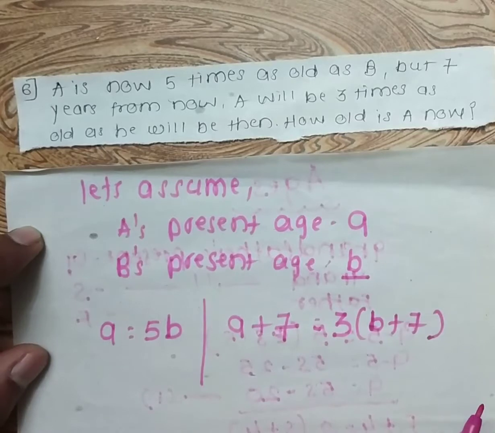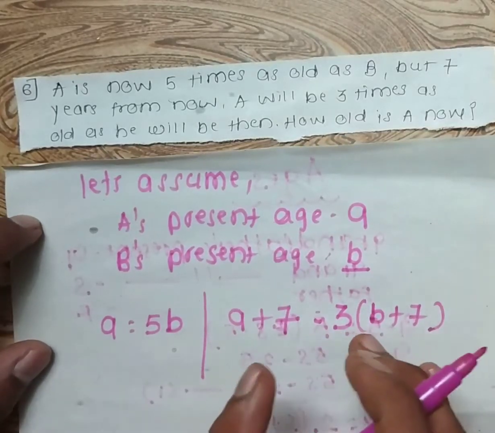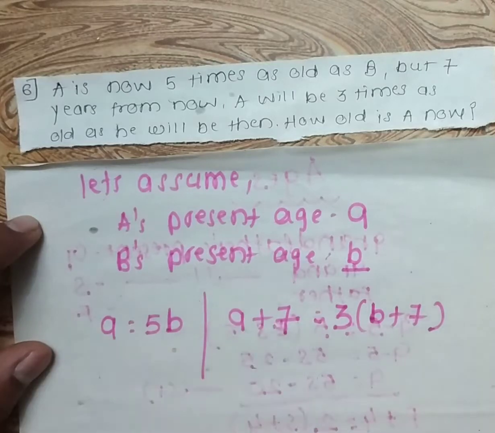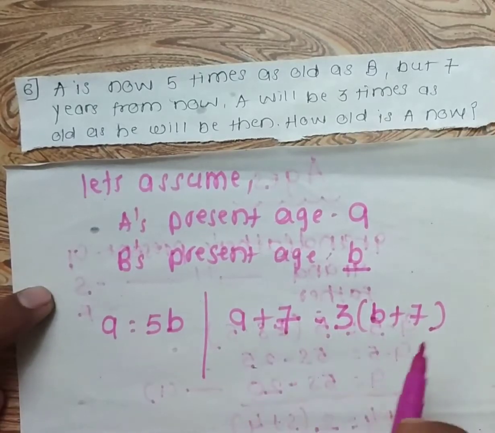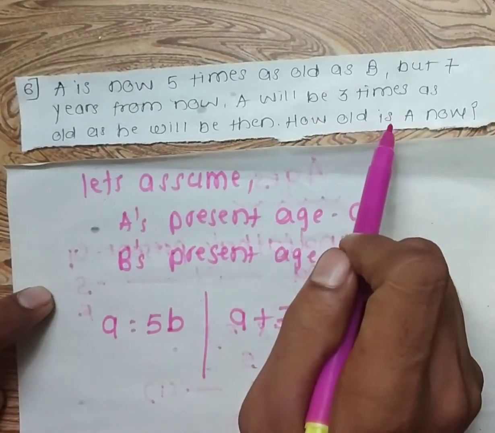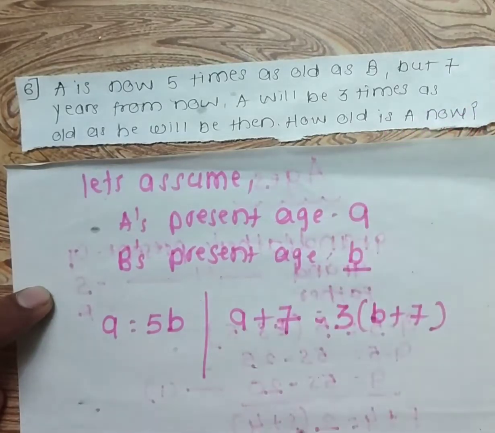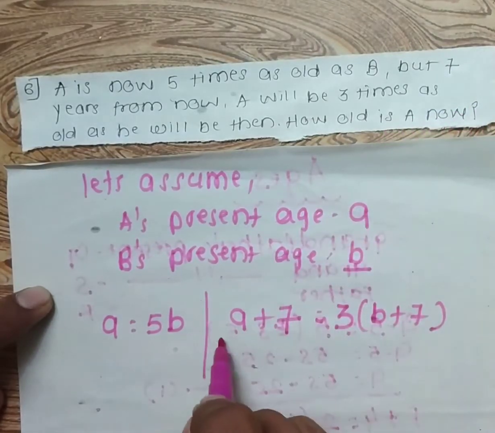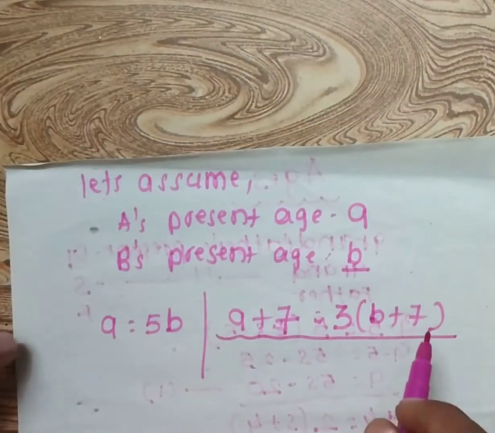So I got this here. I can solve this equation. I can put the value from this equation into this equation and easily get the values of A and B. We have to calculate the age of A here. We just have to solve this equation: A plus 7 is equal to 3 times B plus 7.